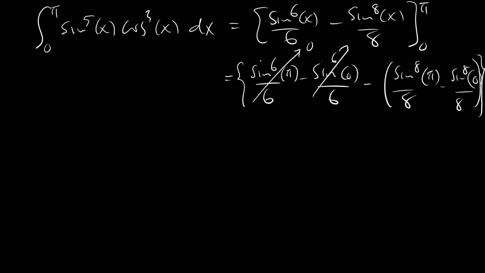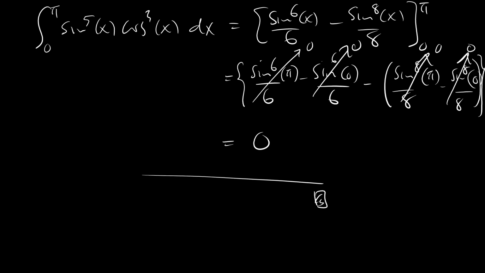Those are 0, 0, 0, 0, which is 0. Okay. Next is problem number 20. The definite integral from x equals 0 to x equals 1 of x times the square root of x minus 1, over the square root of x minus 1.